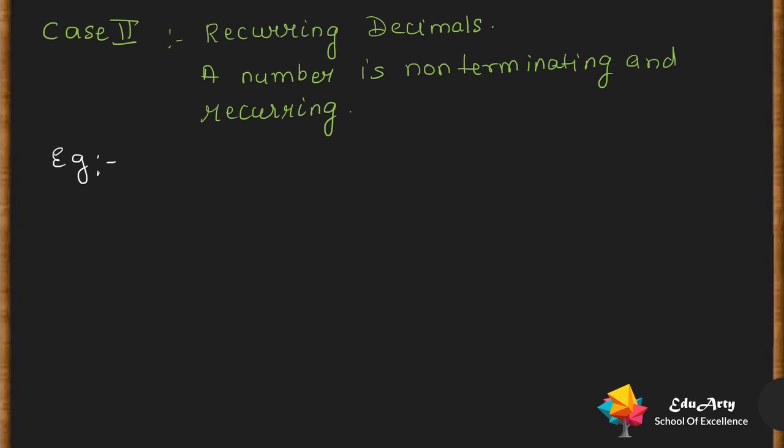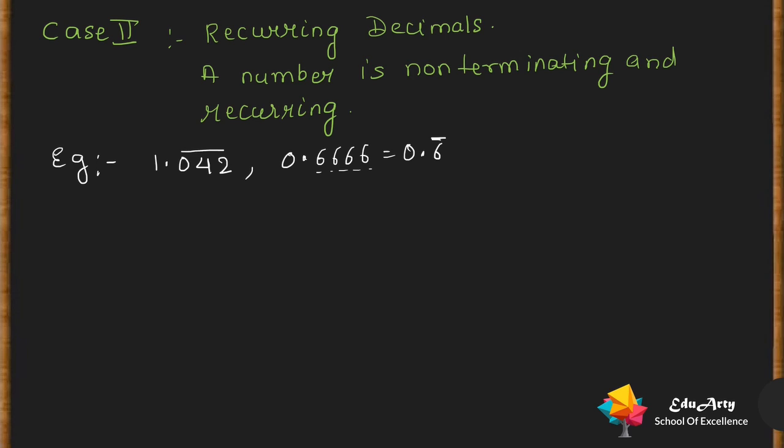We have also seen 0.6666, and simply we can write this as 0.6 with a bar over it. The repeating numbers after this, we don't write them out, we just put a bar over them, correct?